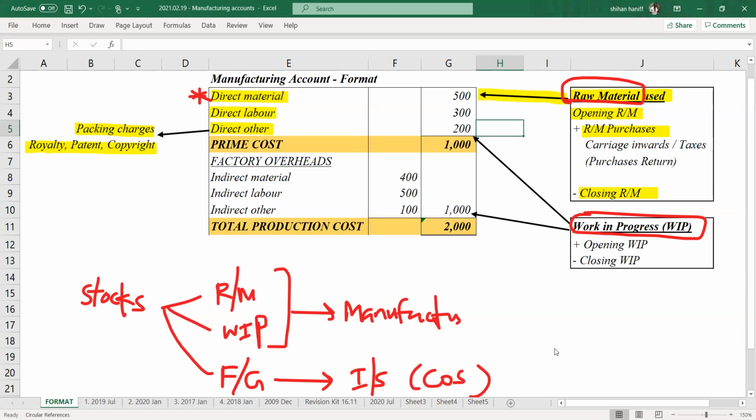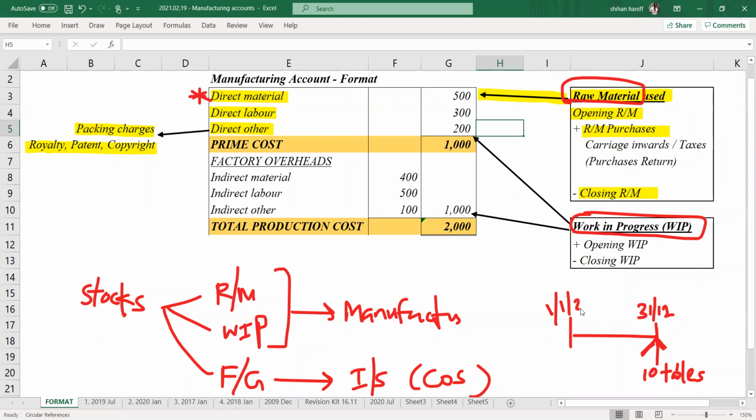The reason is, now let's say our financial year starts from 1st of January and year end is 31st December. So let's say at the end of the year, we have closing stock, closing work in progress, 10 tables, right? 10 tables closing stock.